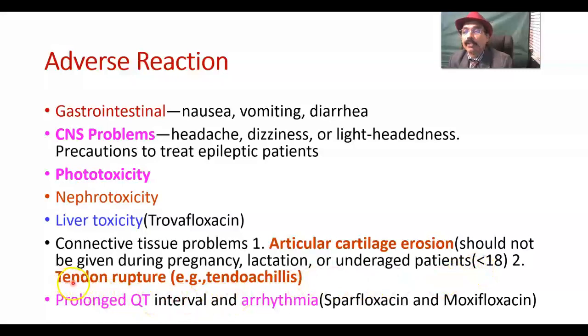It may cause tendon rupture, any tendon. The Achilles is the largest tendon, and this can be ruptured. Then the person cannot move the foot, cannot walk smoothly, and may fall. Prolonged QT interval and arrhythmia may be found with sparfloxacin and moxifloxacin, like those of third generation fluoroquinolone.